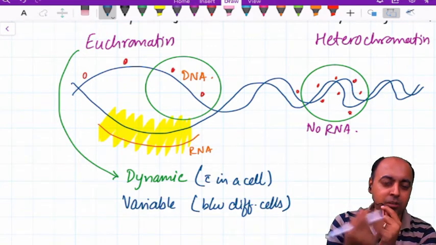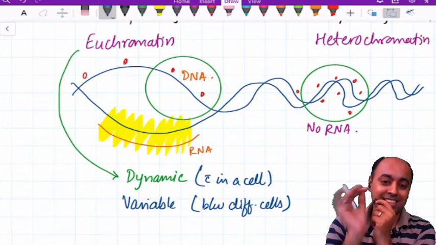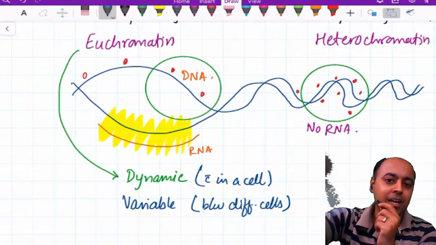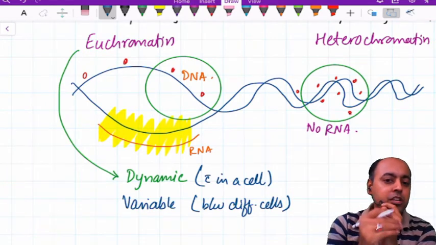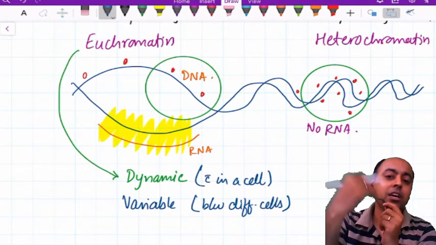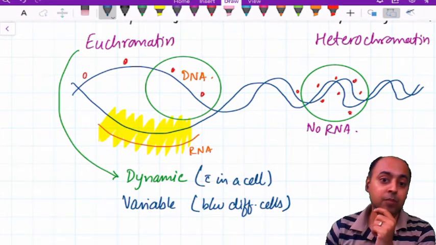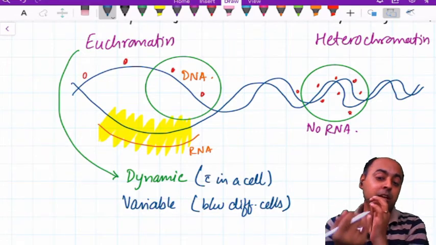The neuron cells will form the enzymes for the neurotransmitters, but the liver will not form the enzymes for neurotransmitters. So the same gene fragment may appear as euchromatin in the neuron, but as heterochromatin in the liver. On the other hand, certain gene fragments may appear as euchromatin in the liver, but may appear as heterochromatin in the neuron. So the euchromatin is dynamic within the cell. It varies depending on the requirement, and it is variable between different cells.